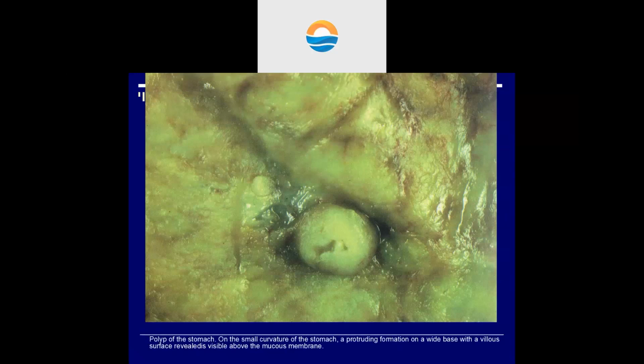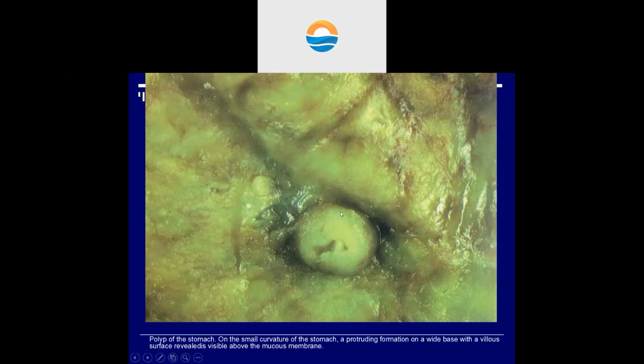Here you see the stomach mucosa, a gross specimen of the stomach, and here you see on the lesser curvature of the stomach a protruding formation on a wide base with a slightly villous surface, which is quite visible in the stomach mucosa.